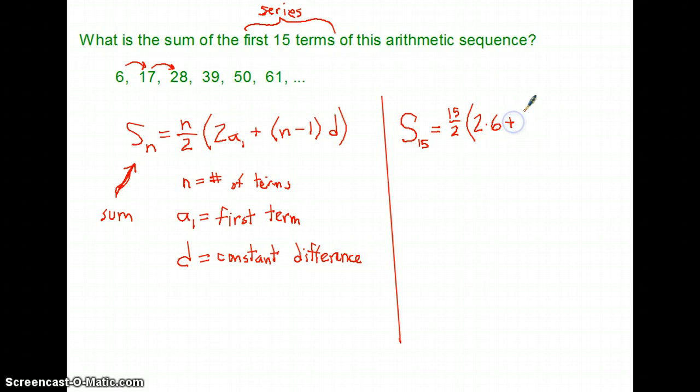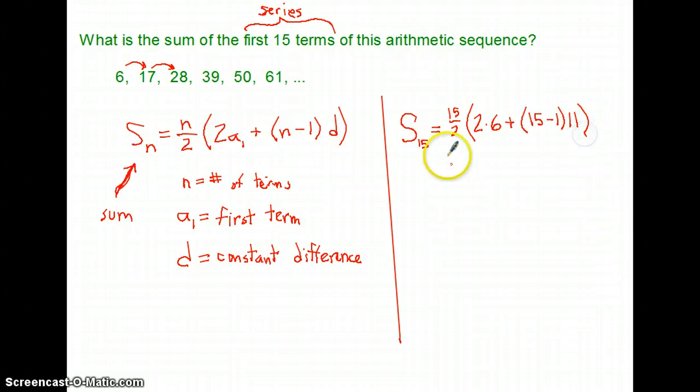Sometimes when you do these things, it's hard to know what stays variable and what you can substitute in. Here I'm actually asking for a number. What is the sum? At the end of the day, you can get an answer, because you've got all the information to actually add up 15 numbers. I really don't want to do that by hand, so that's what the formula is for.